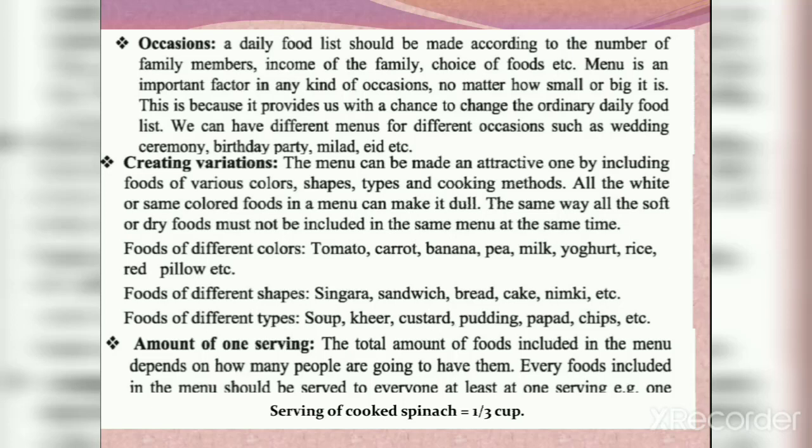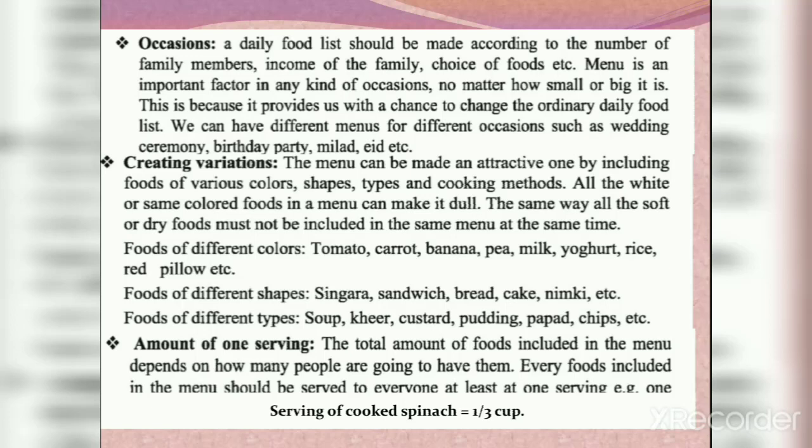Creating variations. The menu can be made an attractive one by including foods of various colors, shapes, types, and cooking methods. All the white or same colored foods in a menu can make it dull. In the same way, all the soft or dry foods must not be included in the same menu at the same time.